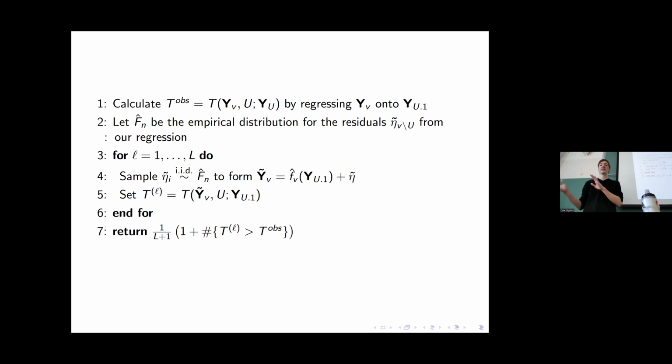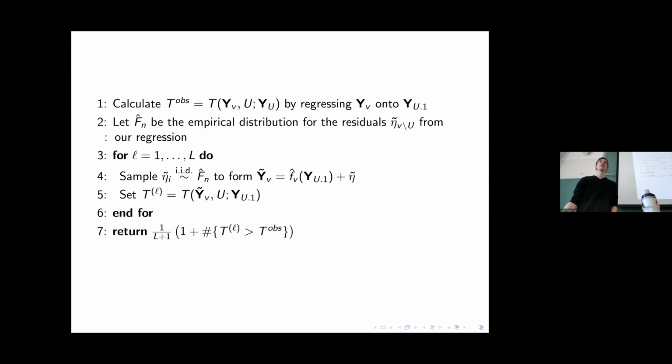Then they regress YV onto that. And now we want to check whether the residual is going to be independent of YU, or at least uncorrelated with YU.